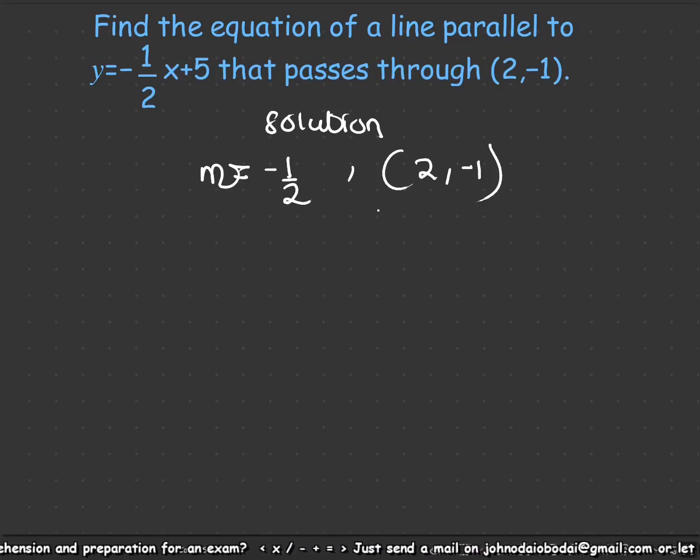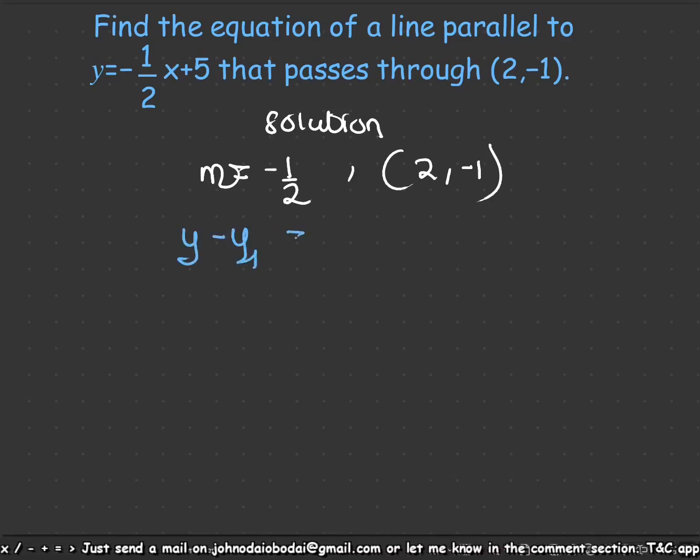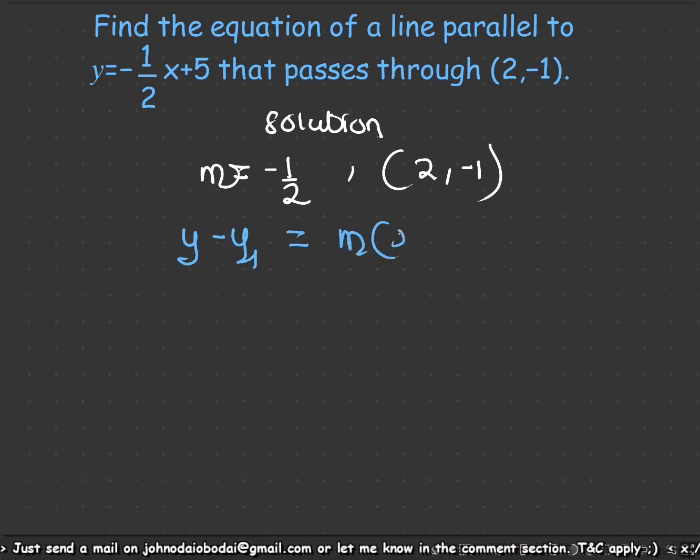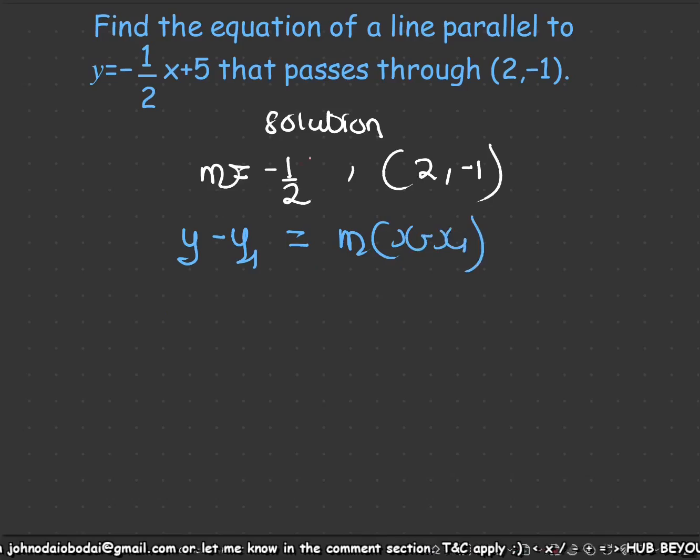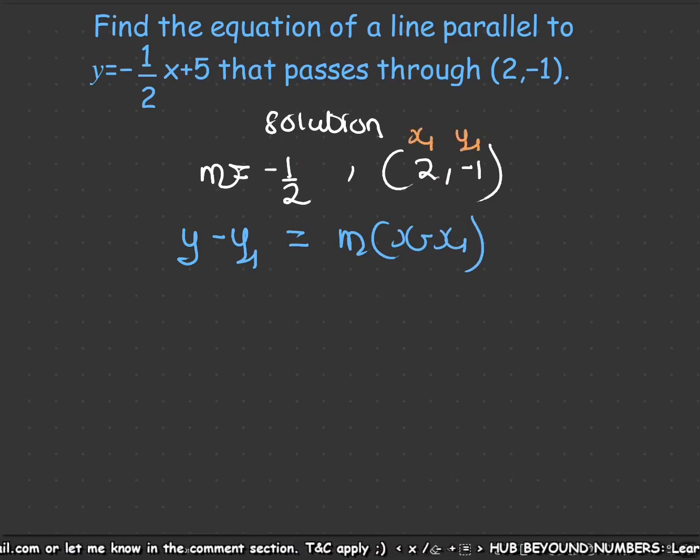Since we have the gradient and the point, using our equation y minus y1 is equal to m into bracket x minus x1, where x1 is 2 and y1 is negative 1.